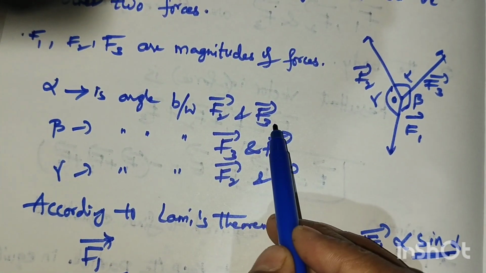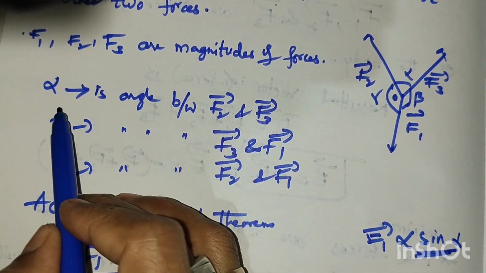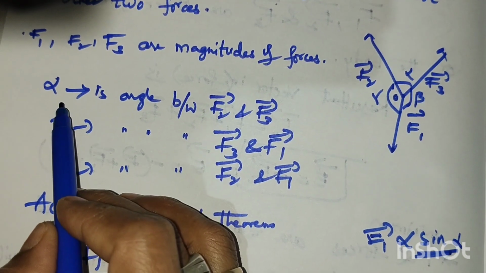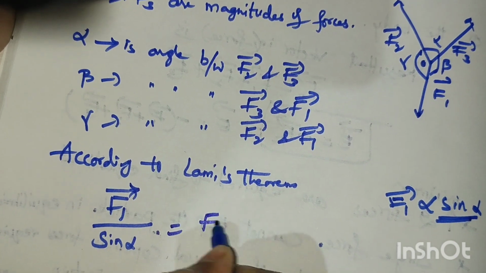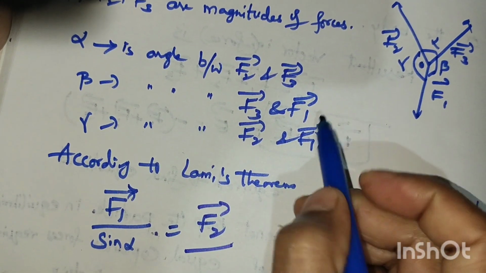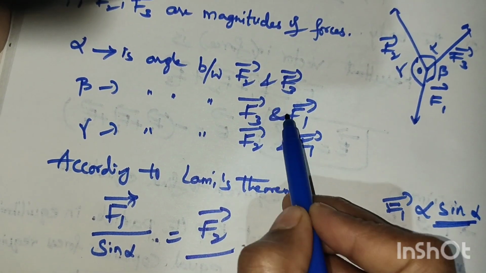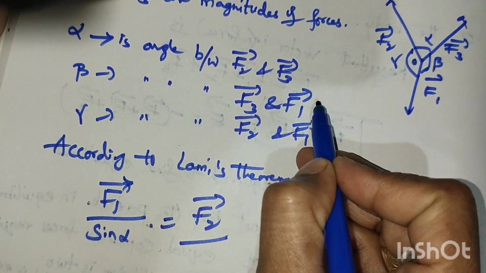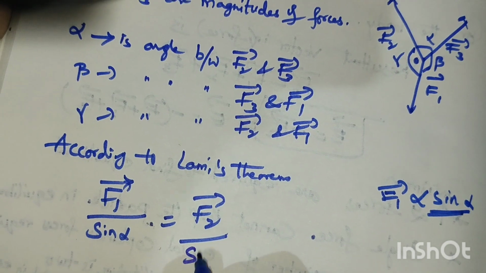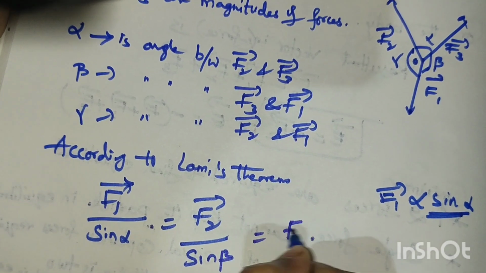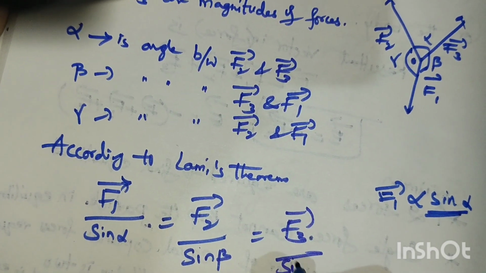Here F2 bar and F3 bar are the forces between which the angle alpha lies. Similarly, for F2 the angle is beta, so F2 by sine beta, and F3 bar by sine gamma.